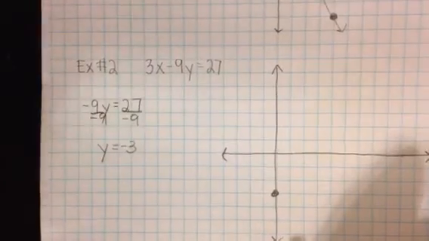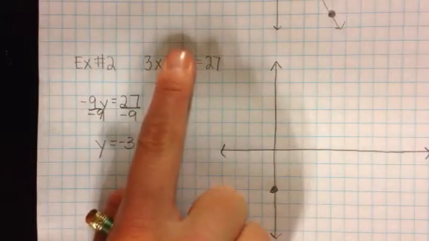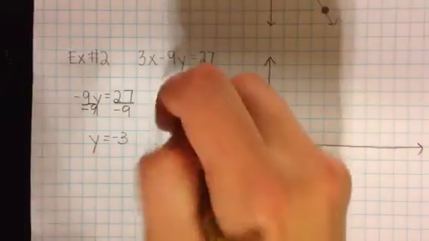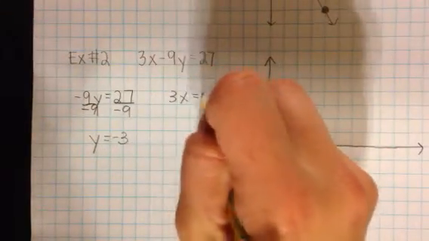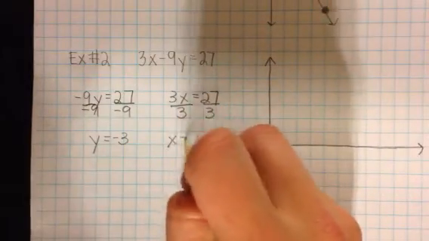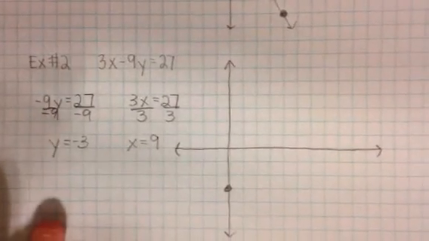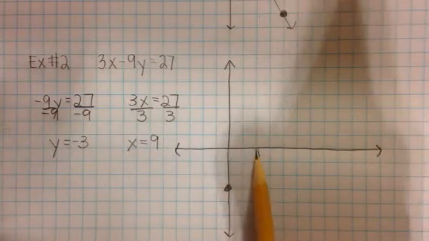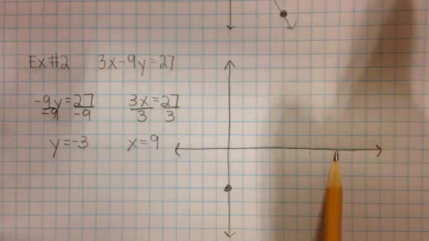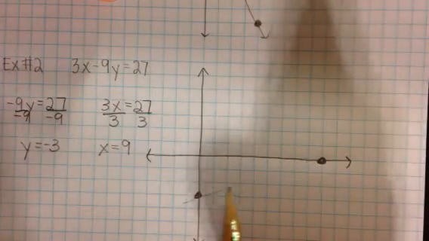Okay, and then to find the x-intercept, plug in 0 for y. So I would then get 3x equals 27. Divide both sides by 3. x equals 9 is my x-intercept, excuse me. So count from the origin: 1, 2, 3, 4, 5, 6, 7, 8, 9. I've got my 2 points.